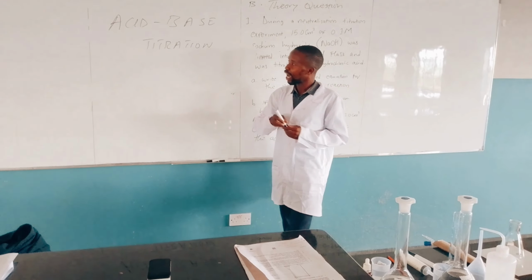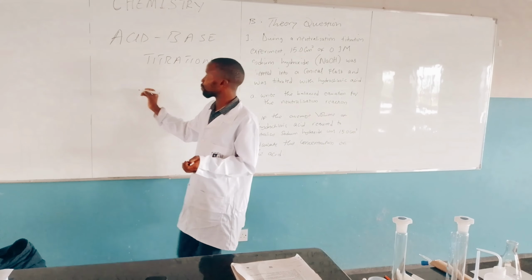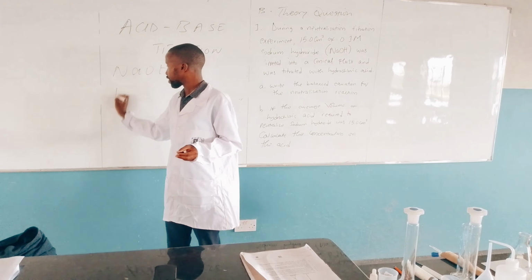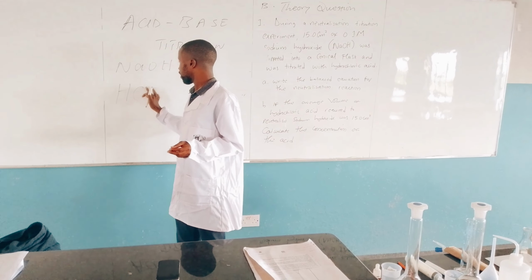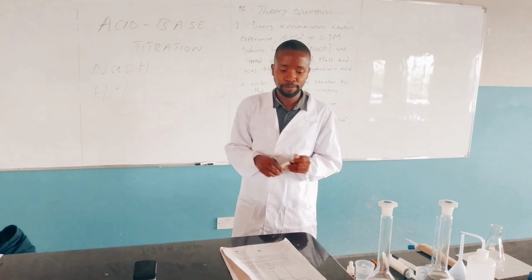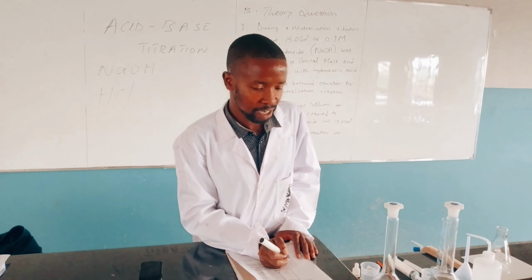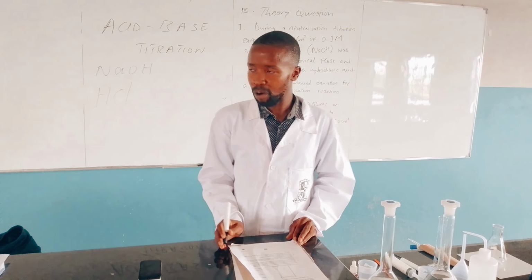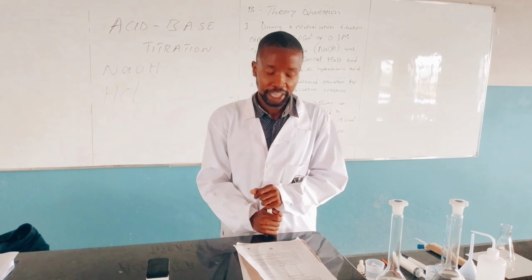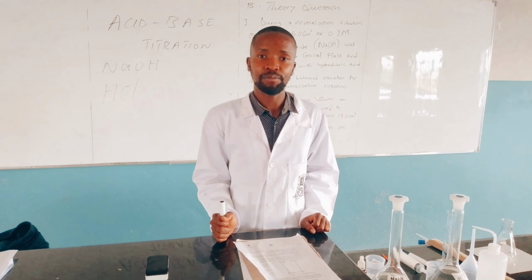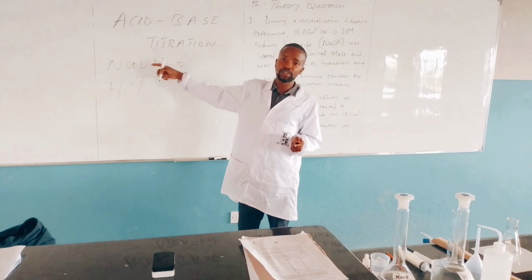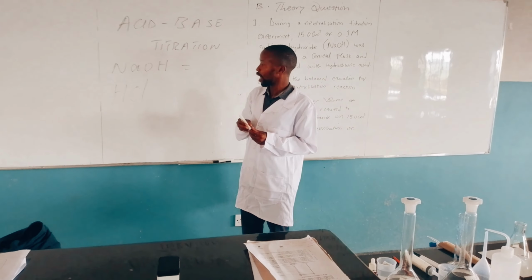In today's titration, we're going to use sodium hydroxide as well as hydrochloric acid. Mind you, last year in 2024, with the handout that I gave you, the students were given HCl with a known concentration, so we were supposed to find the concentration of sodium hydroxide.